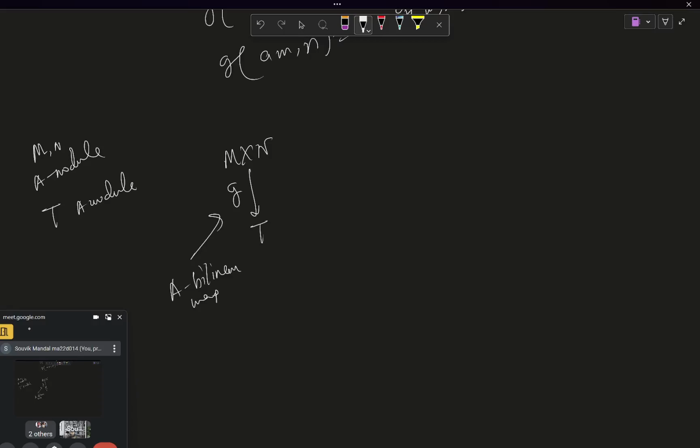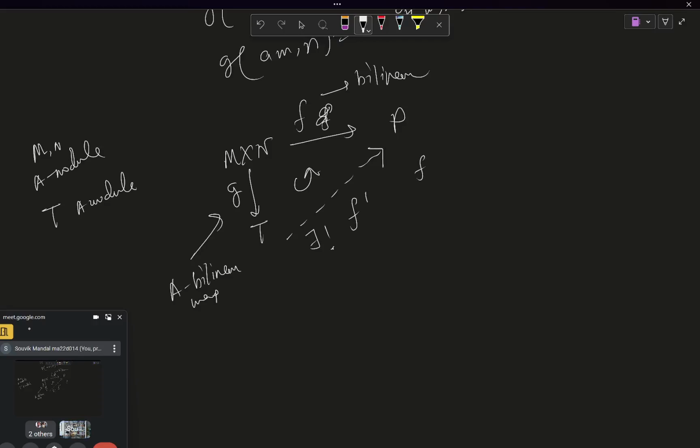Now it is given that this map satisfies the following property. If we have any A module P and any A bilinear map f from M cross N to P, then there exists a unique map f dash such that this diagonal commutes.